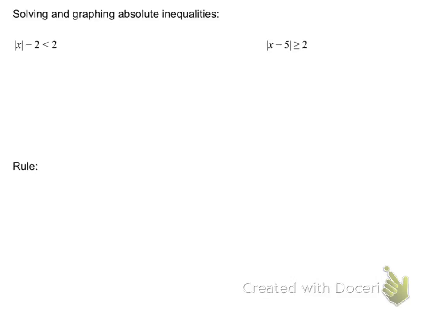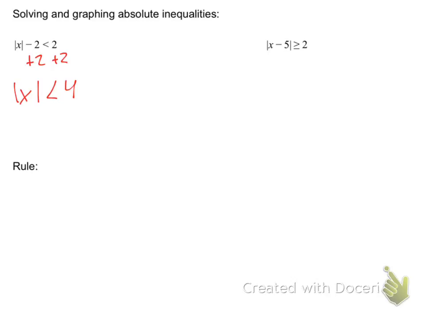So, if you look here, I should add 2, so the absolute value of x is less than 4. Someone give me an answer. When is the absolute value of some number less than 4? 3.